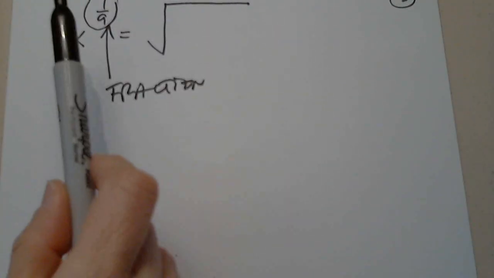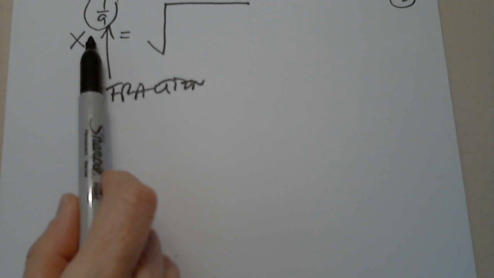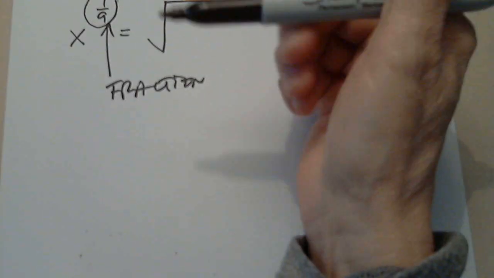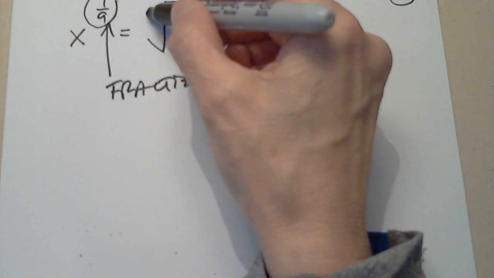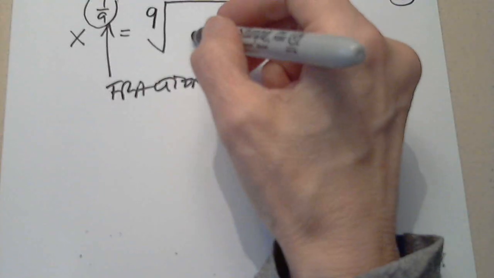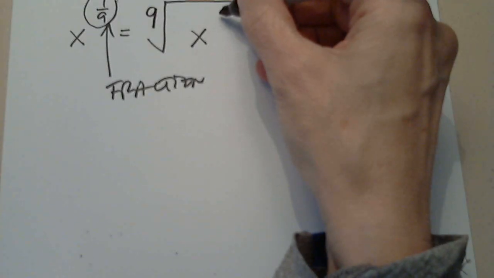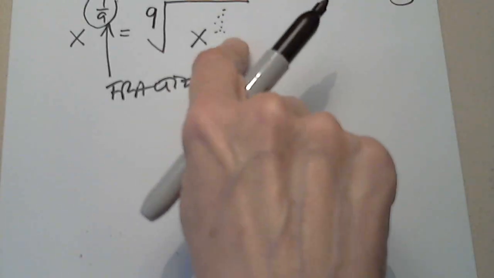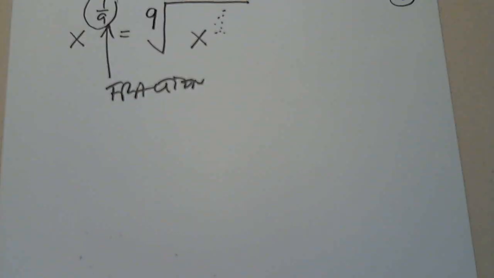Okay, so when the power is a fraction, this is basically a radical, where the denominator is the index of the radical, and the numerator is the power of x. So 1 is the numerator, 9 is the denominator. So the 9th root of x.